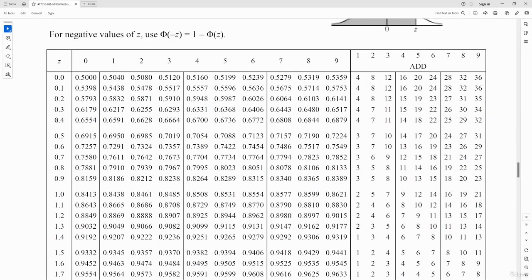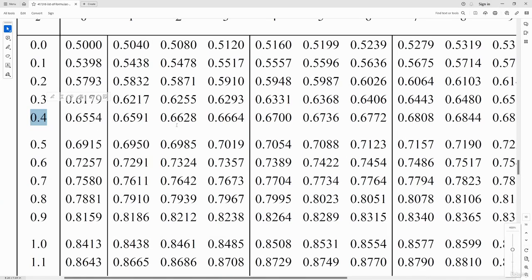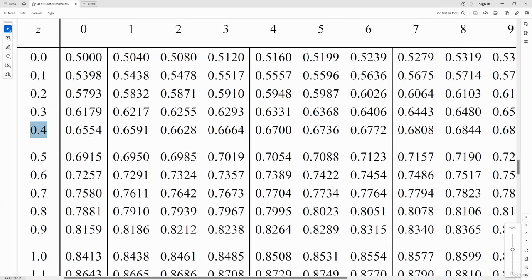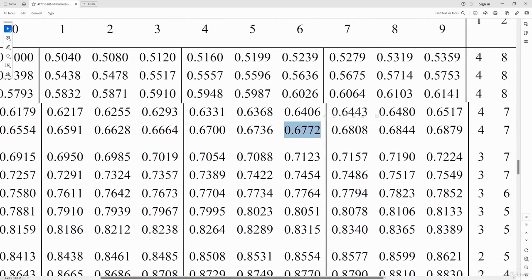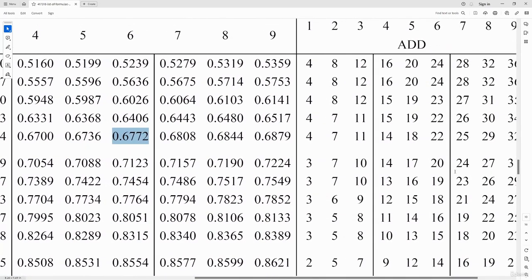0.46 gets me this, and then for 0.467, I need to find the 7 here, and I'm going to need to add 25. So 0.6772, and then I add 25 in the slightly strange way I showed you before.